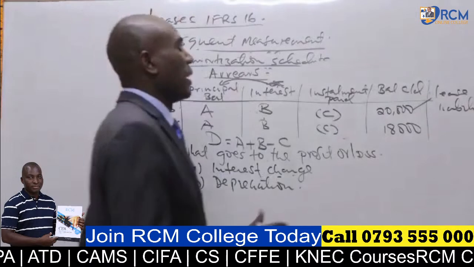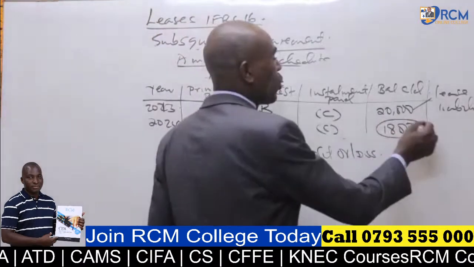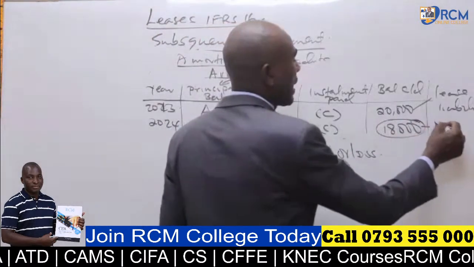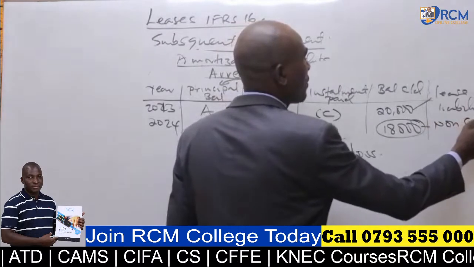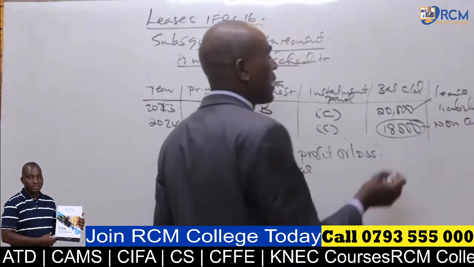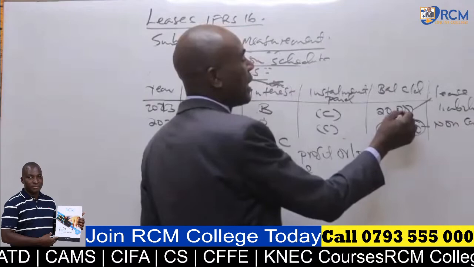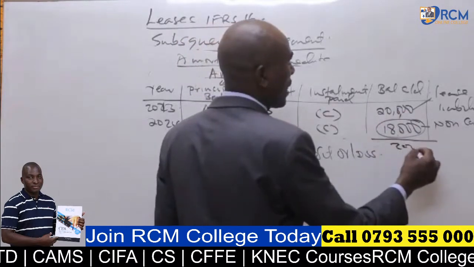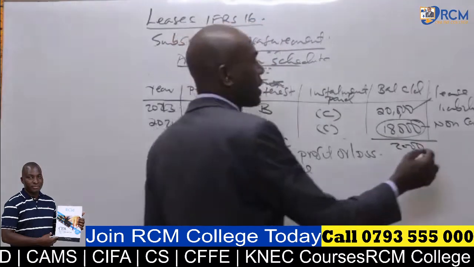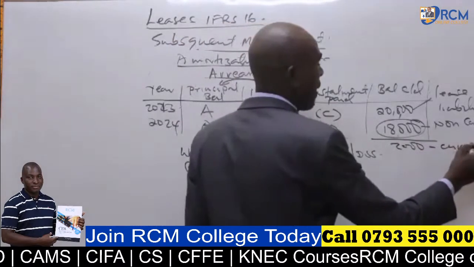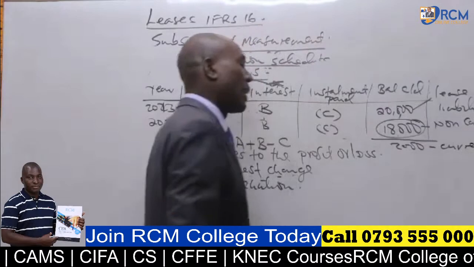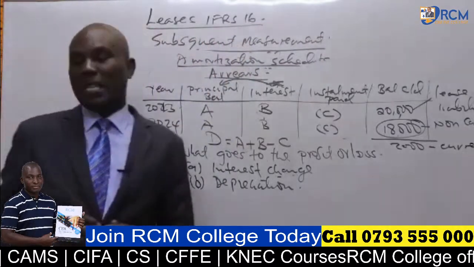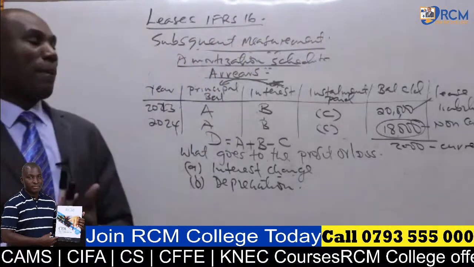Here, the one for year two is the non-current liability in the lease. Then the difference between year one and two, which is 2,000, is the current liability in the lease.